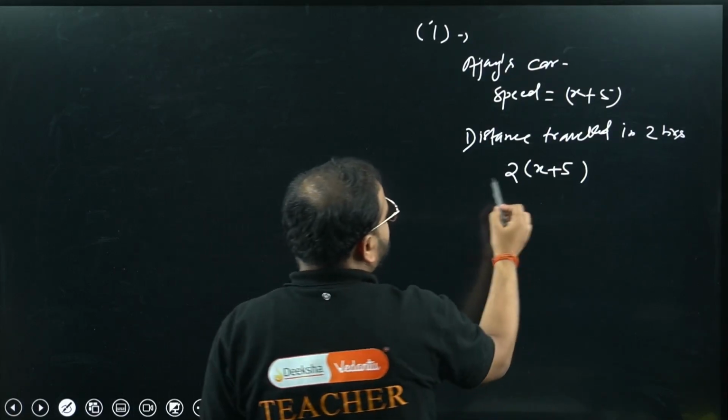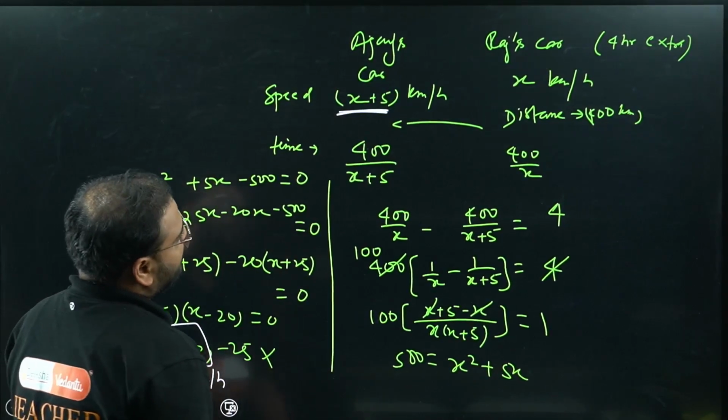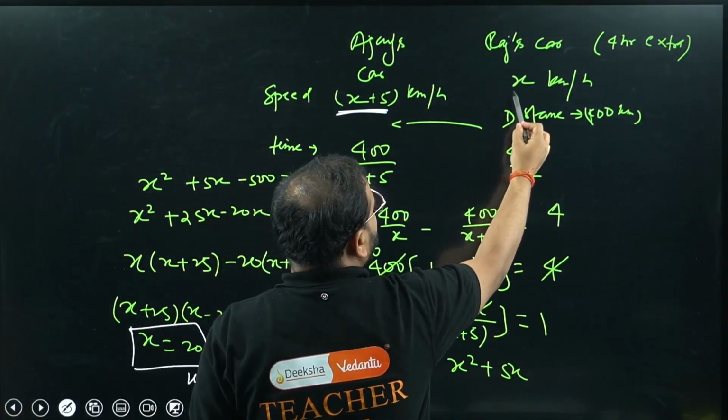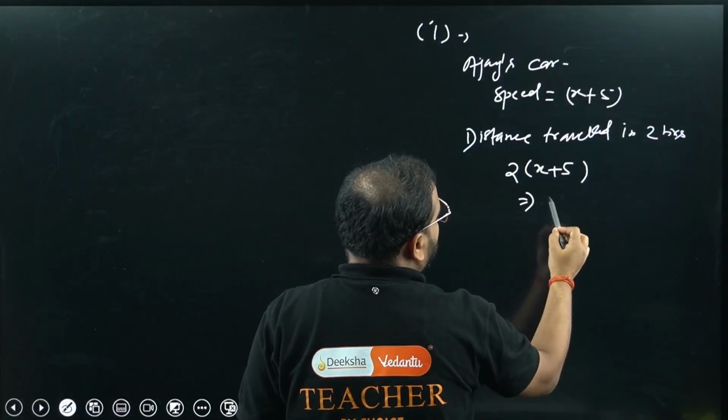How much is that? I know the speed now. X is 20, so X plus 5 is 25, and this can simply be 50 kilometers.